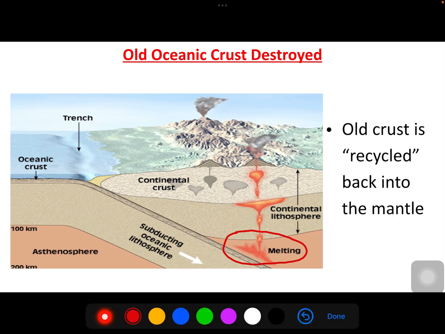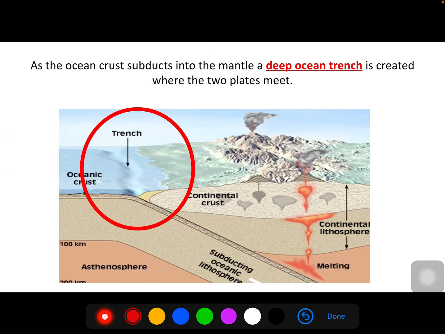It's kind of like the old crust is almost getting recycled back into the mantle. Okay, another feature that forms is what's called the deep ocean trench. When these two plates collide, it makes this V shape. It makes a very deep spot in the ocean. And if you've ever heard of the Marianas Trench, that's a really deep spot in the ocean. It's formed by this type of boundary.